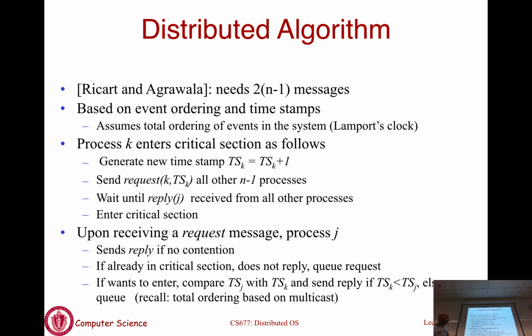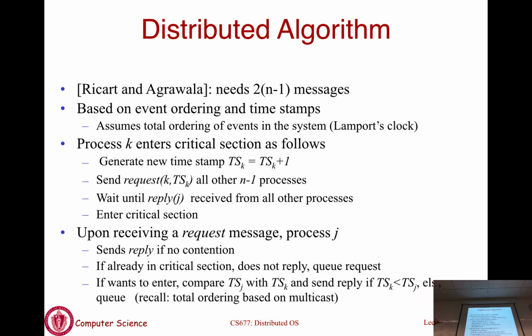Now, if you are also contending for the lock, which means the previous case is no longer true, you do not have the lock yourself. The third case is I have also requested the lock. So, process I and process J are going to compete for the lock.